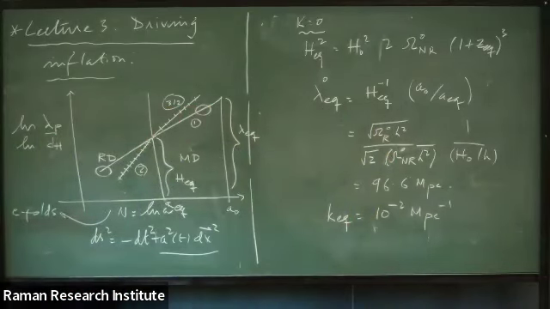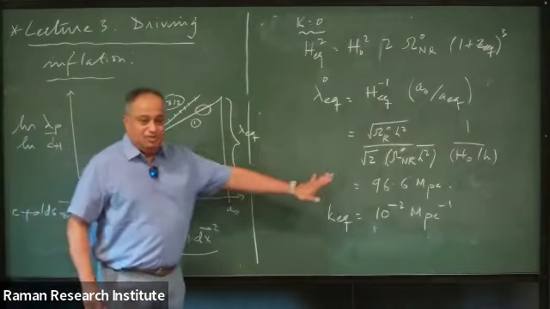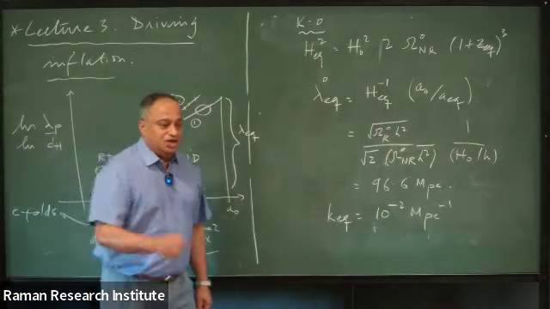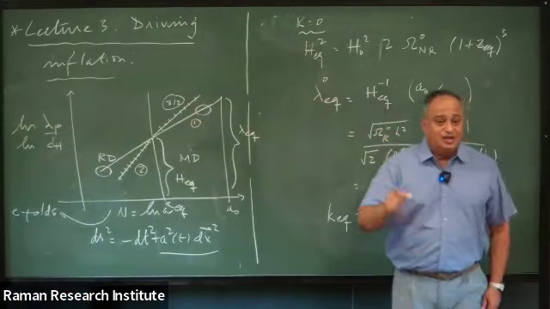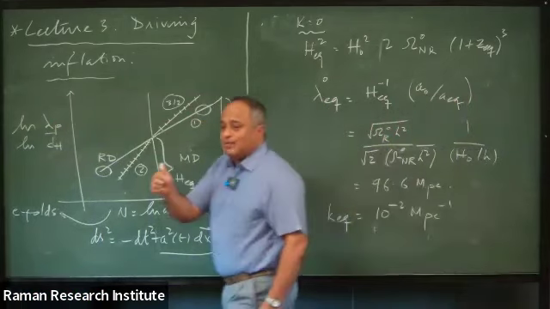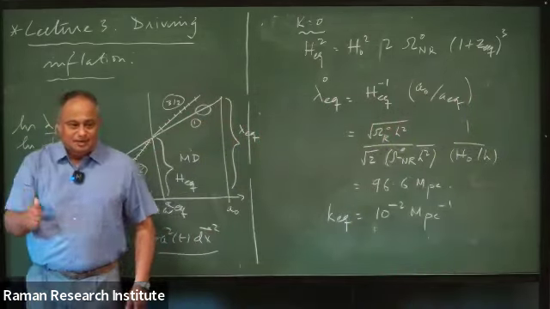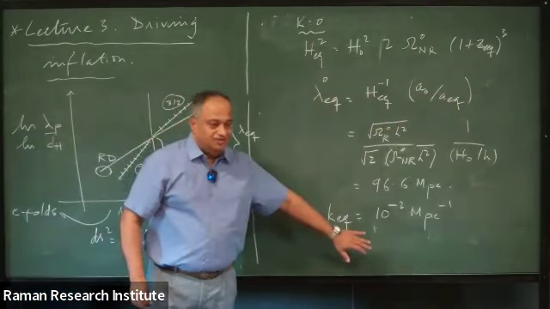Remember, I just wrote a range of scales which correspond to cosmological scales a couple of boards back, which corresponded to something like 10 power minus 4, 10 power minus 5 to a scale of about 1 megaparsec inverse. And this falls right in the middle.